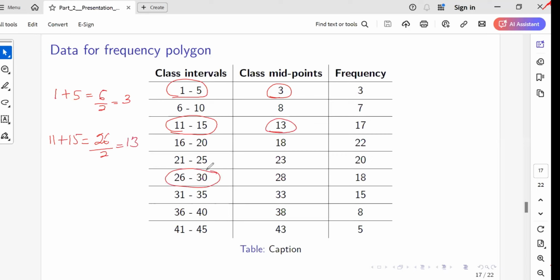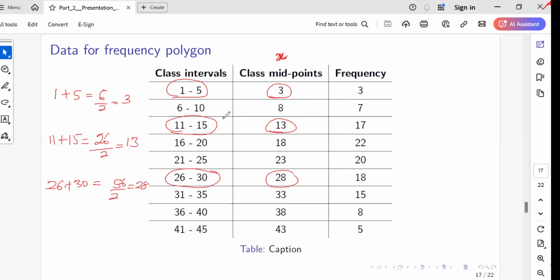Let's take 26 to 30: 26 plus 30 is 56, divided by 2 is 28. So to find the class midpoint, pick an interval, sum its limits, and divide by 2. Take note, this is an approximation.